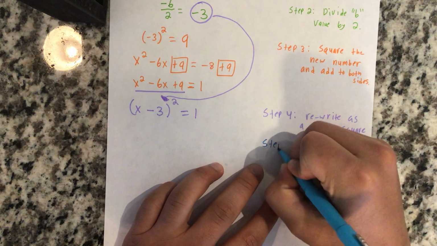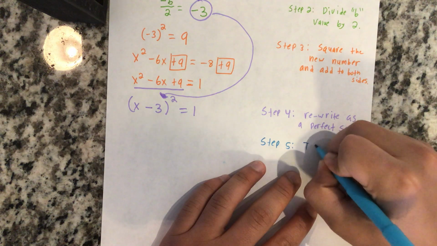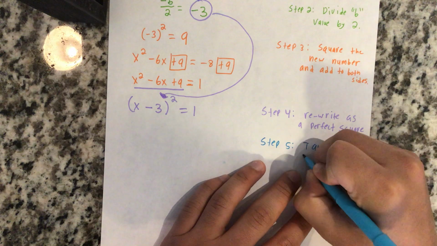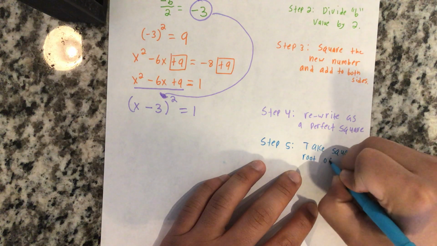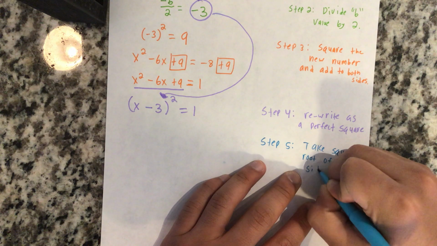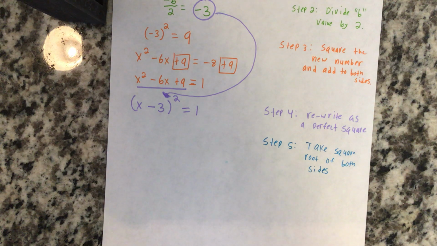So step 5 is we're gonna take the square root. So we're gonna take the square root of both sides of the equation. So if I look at this, I'm gonna rewrite it.